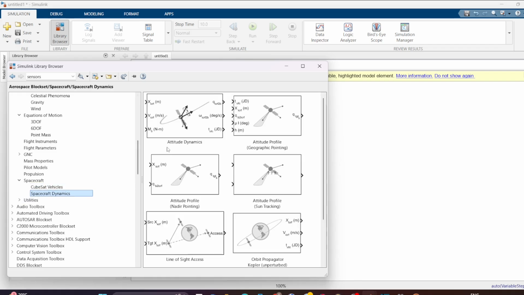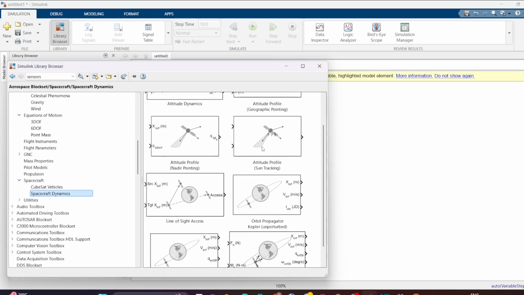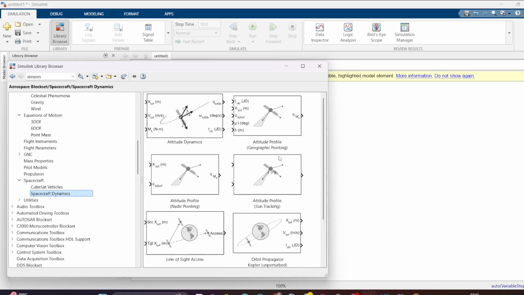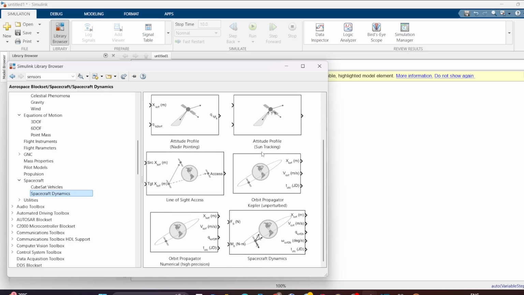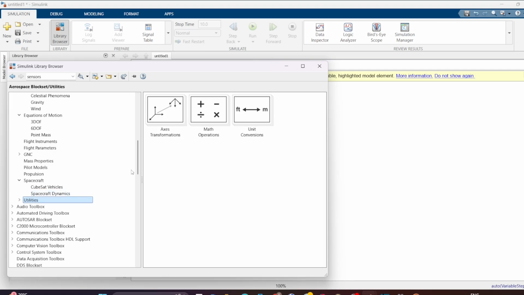Here we have attitude dynamics, attitude profile geographic pointing, attitude profile nadir pointing, and attitude profile sun tracking. We will use these blocks in upcoming videos where I will teach you how to simulate and design a model using these blocks.